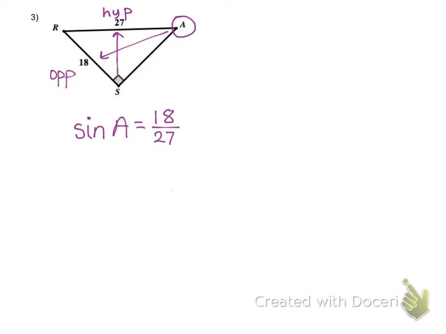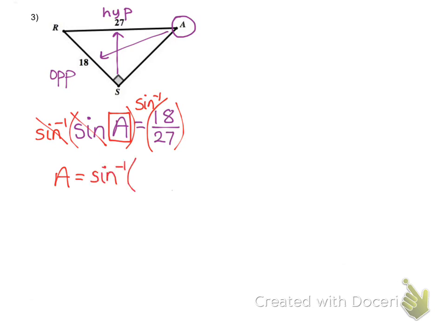To get rid of the sine and isolate our angle A, I'm going to take the inverse of sine on both sides of the equation. So now the inverse and the sine cancel, and now I have A is equal to the inverse of sine of 18 over 27.